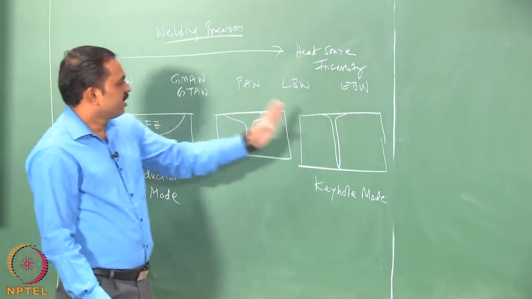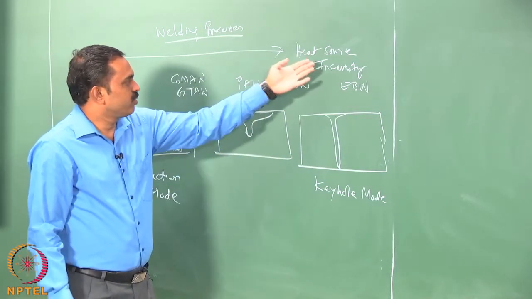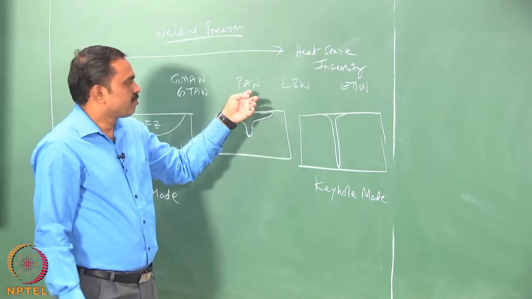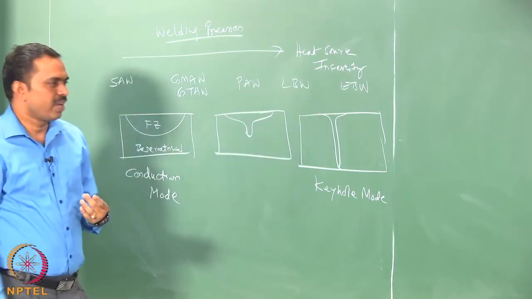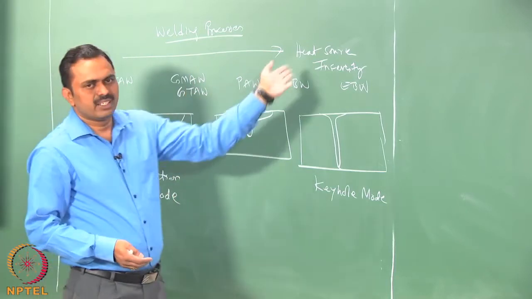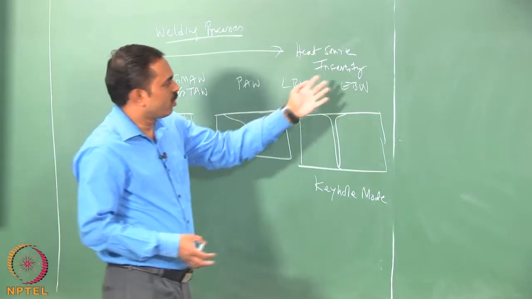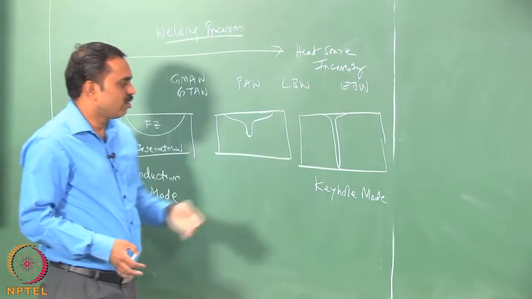The keyhole mode is effective only from the heat source intensities available from plasma arc welding and upwards. 10 to the power of 8 watt per meter square is the cutoff, and by and large around that, as you increase up to 10 to the power of 10 or 12, the keyhole mode is possible.